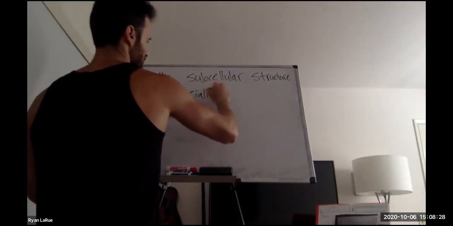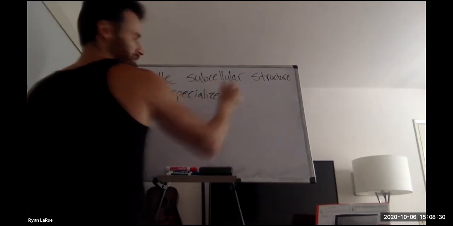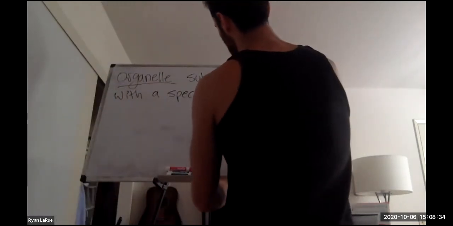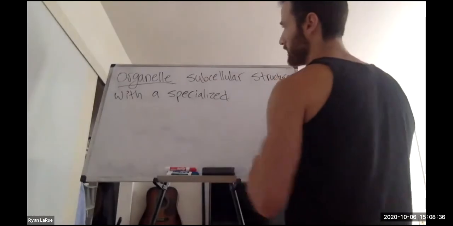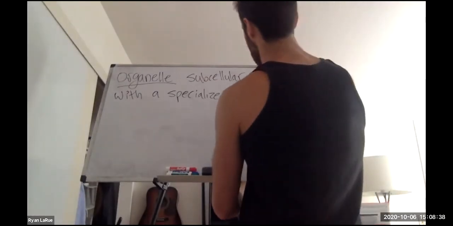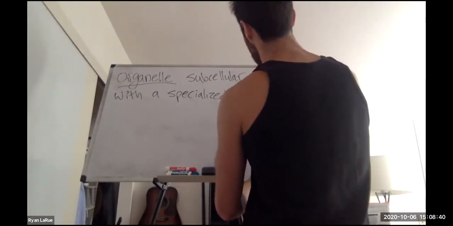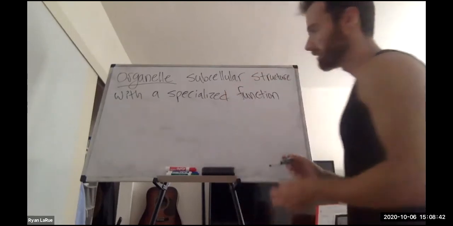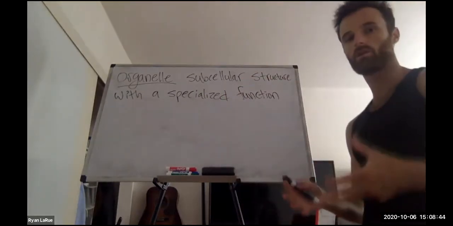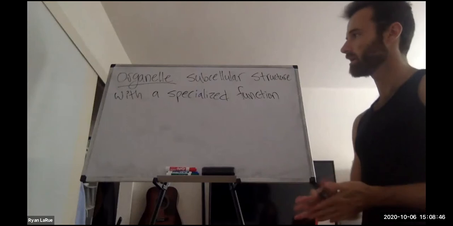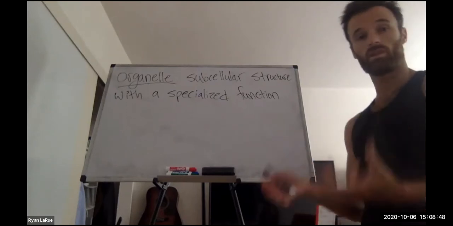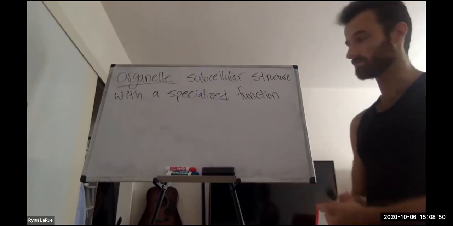We're going to talk about 6 or so organelles today. So we find these organelles devoted to particular functions, and we find them within our cells.